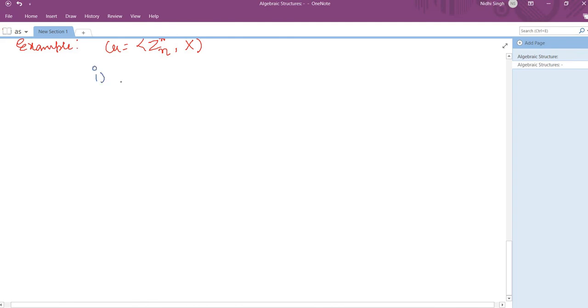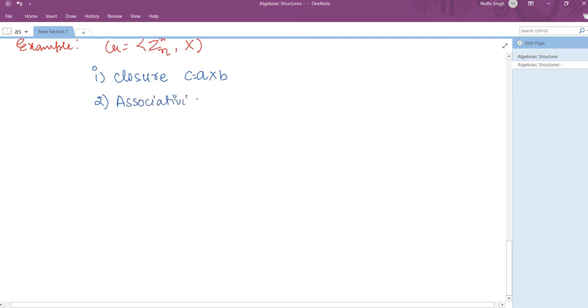The first property is closure. Yes, A cross B equal to C will also belong to this set. If it is out of range, then we have to perform the modulo operation. Second one is associativity.